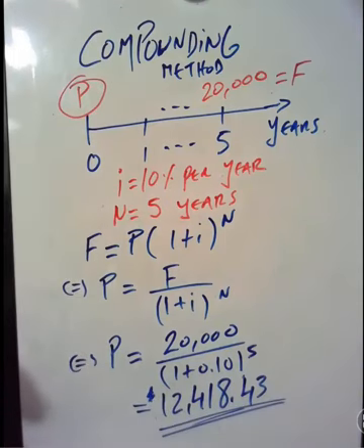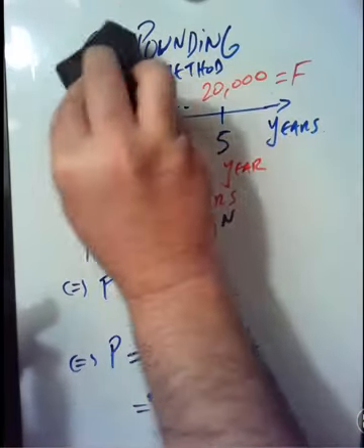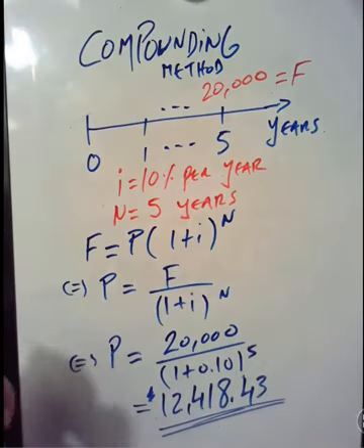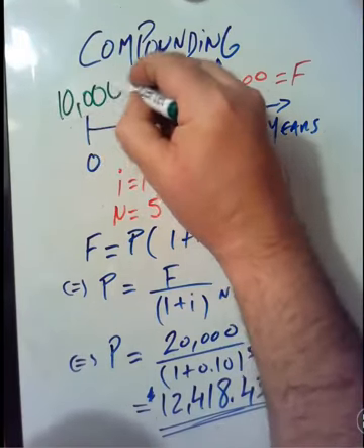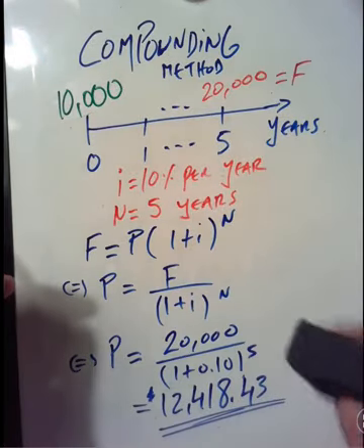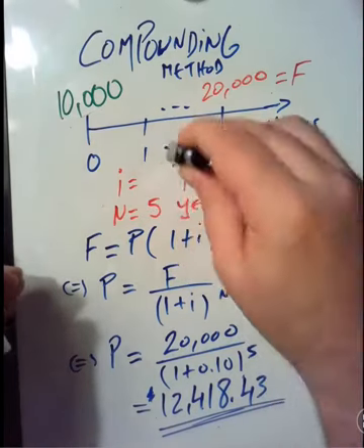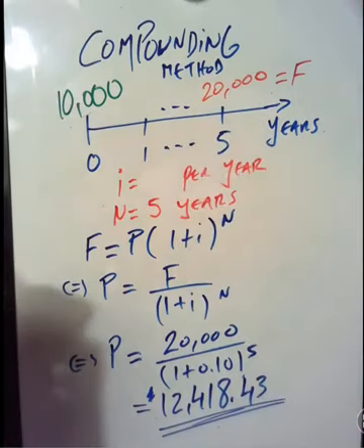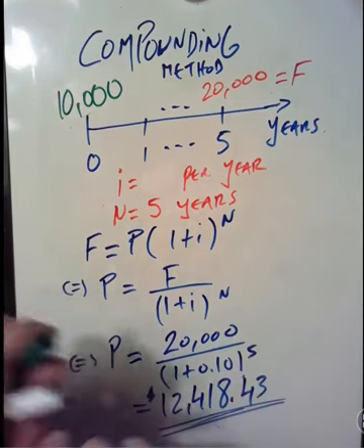But let's say I only have $10,000 now. If I only have $10,000, see, that's how much I have. How much would I have to earn as a return per year in order to achieve the same goal?